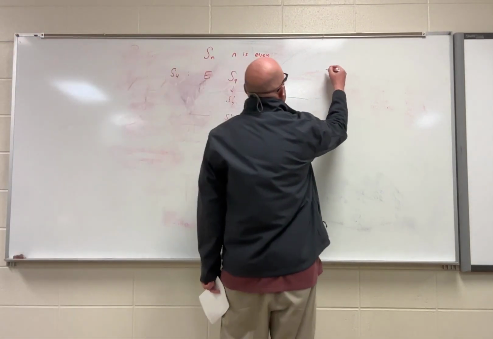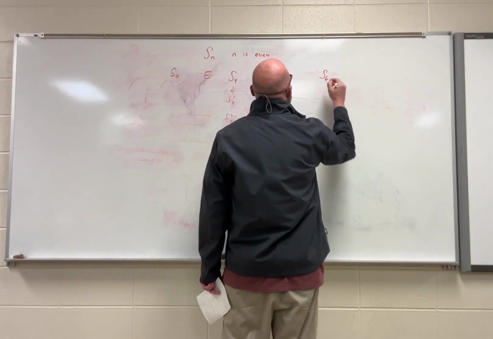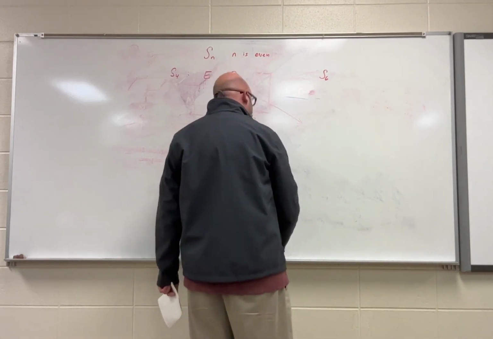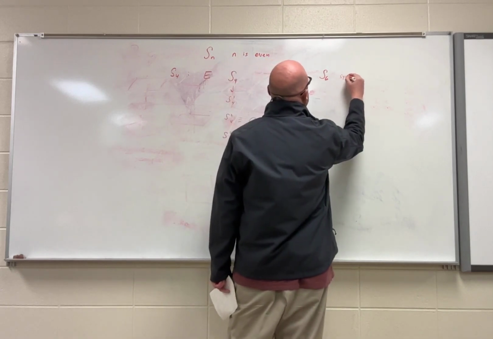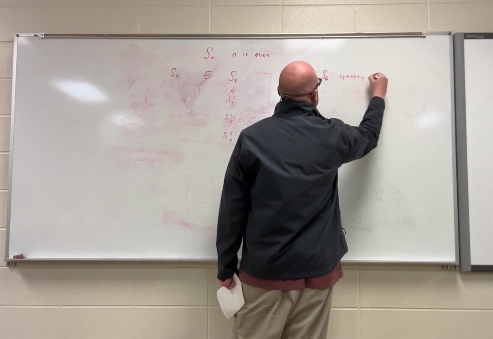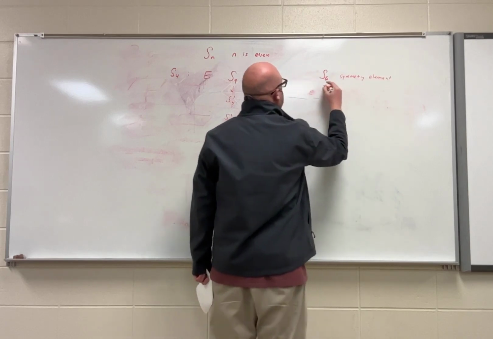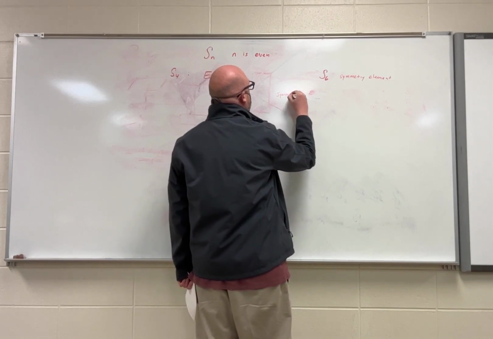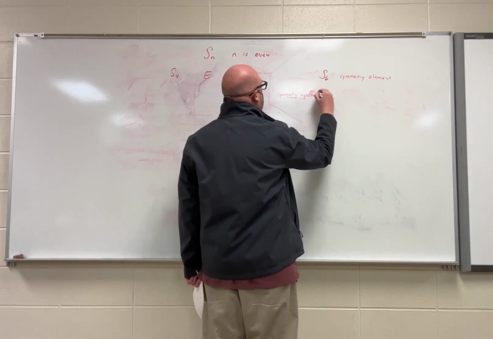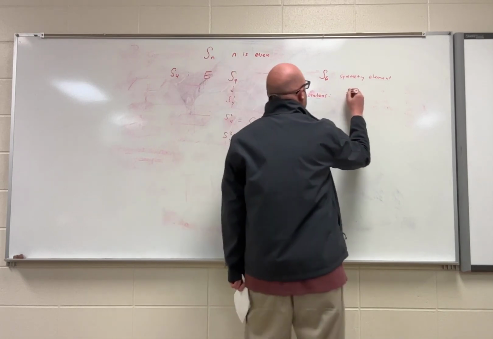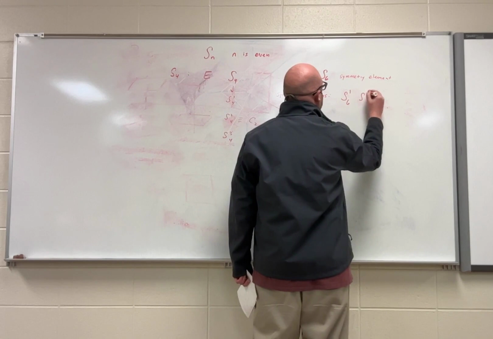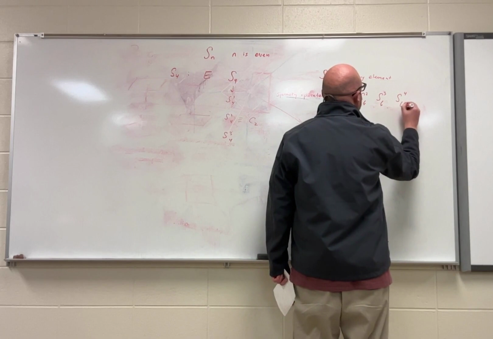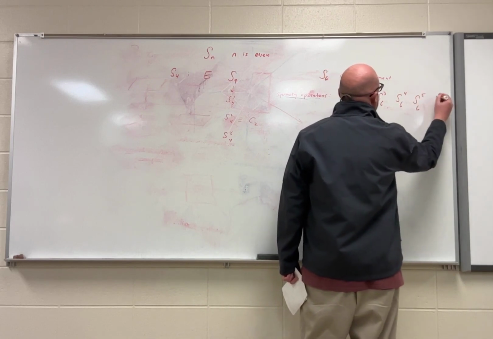If you go to an S6 point group, then you have the identity. The S6 symmetry element generates the following symmetry operations. S6^1, S6^2, S6^3, S6^4, S6^5, S6^6.